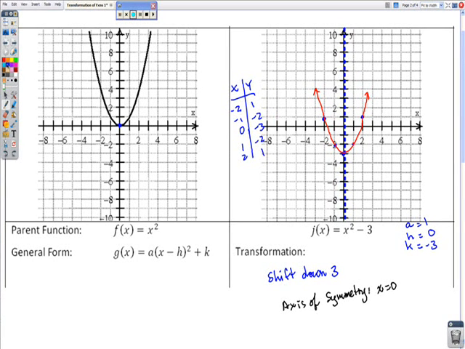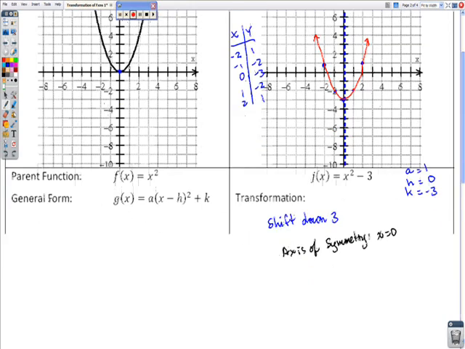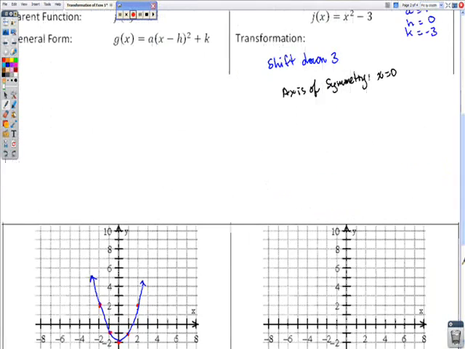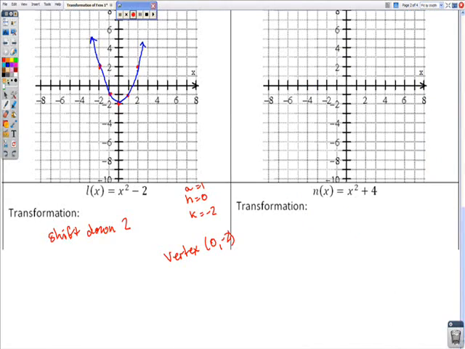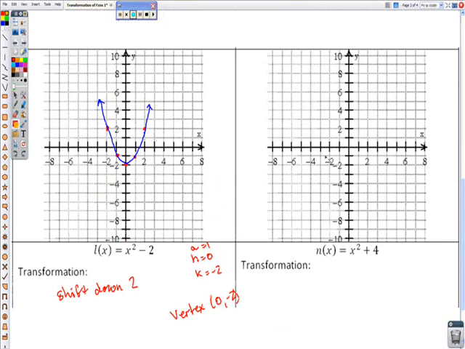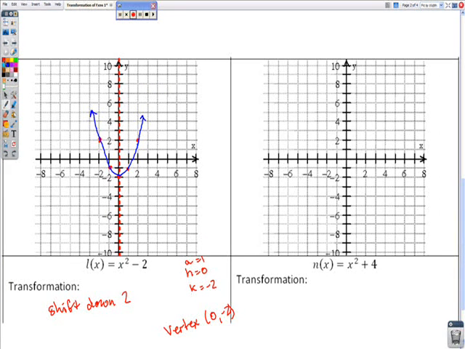And I'll just say x equals 0. Okay, and then on this one here, we can do our axis of symmetry again is x equals 0. Oops, I want to do that in red.